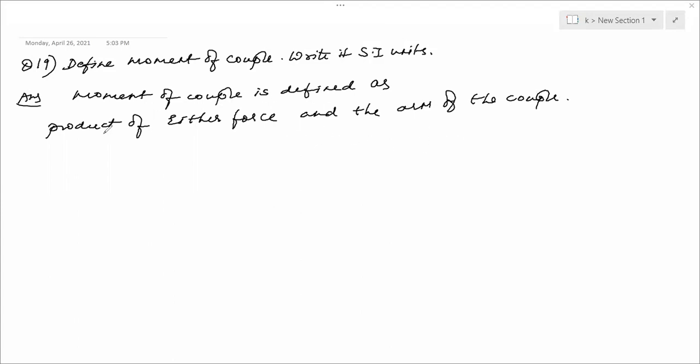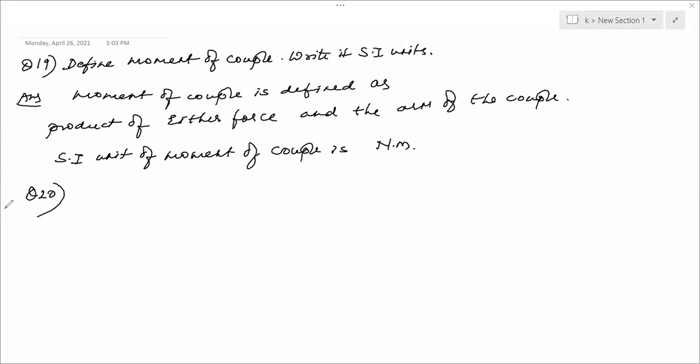So moment of couple is defined as product of either force and the arm of the couple. Now, SI unit of moment of couple will be the product of either force, force is Newton, into arm of the couple, which is meter. Newton meter. Okay.